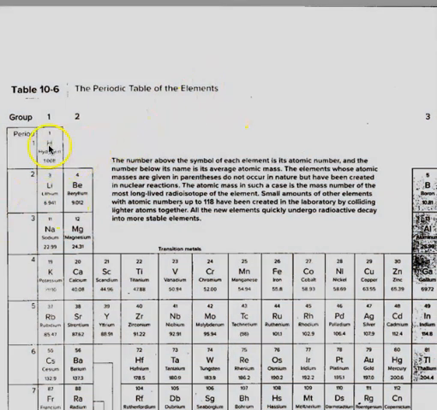Hydrogen is in group one of the periodic table. And so all of the alkali metals are in group one of the periodic table, except for hydrogen: lithium, sodium, potassium, rubidium, cesium, and francium.